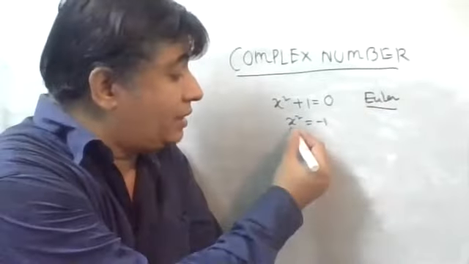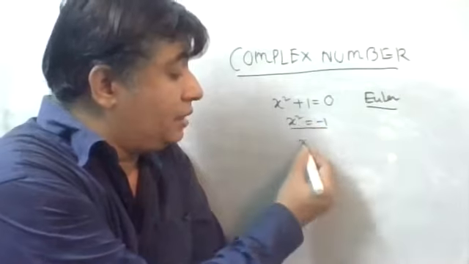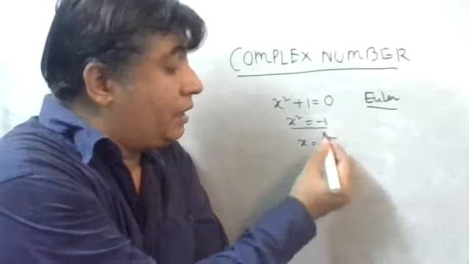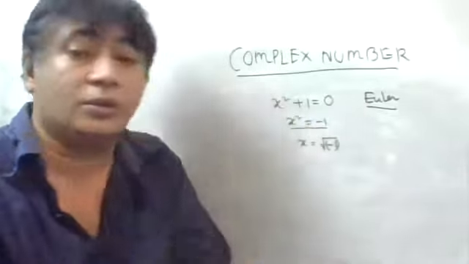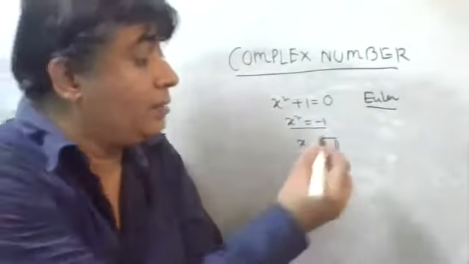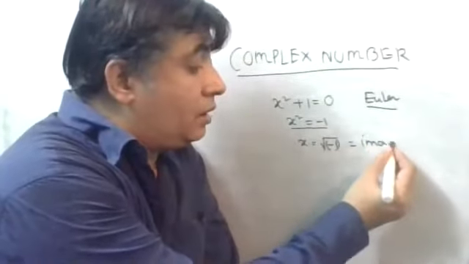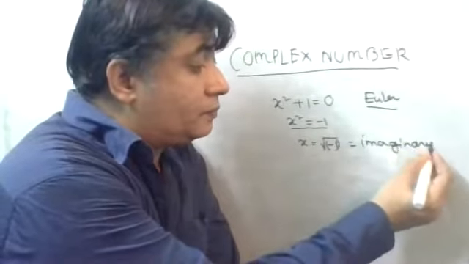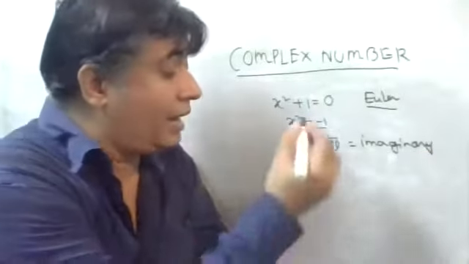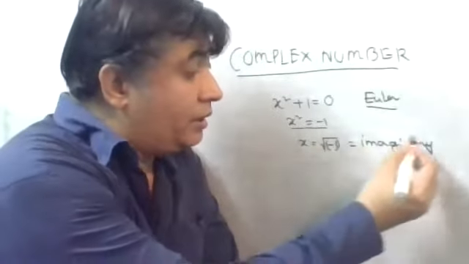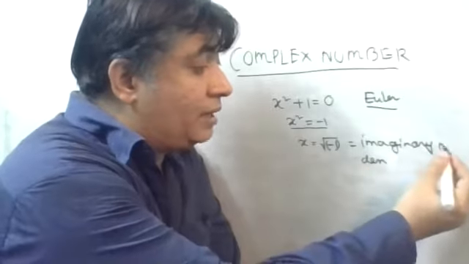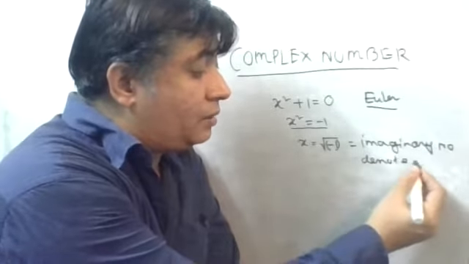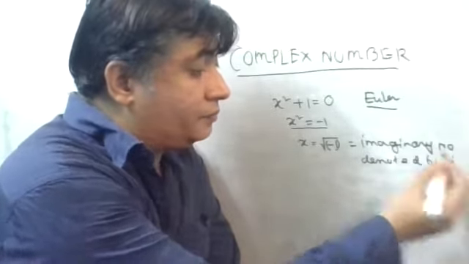That if you get an equation like this, then you will get a negative term, root of minus 1, which is imaginary. That will be denoted by the imaginary number I.